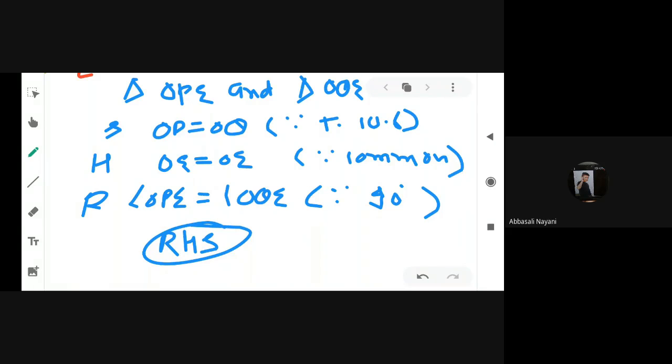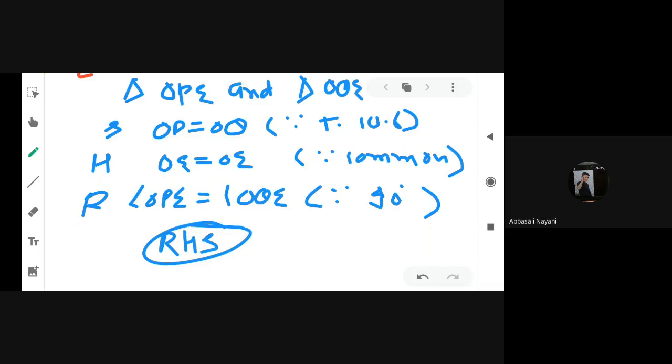If in any two triangles the right angle, hypotenuse, and one side are equal, then we can say these two triangles are congruent. What is the meaning of congruent? Congruent means these two triangles are always equal.